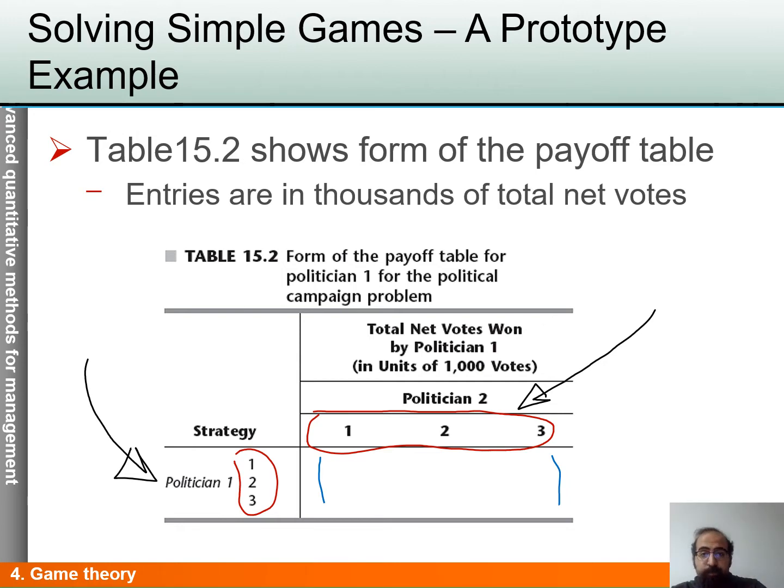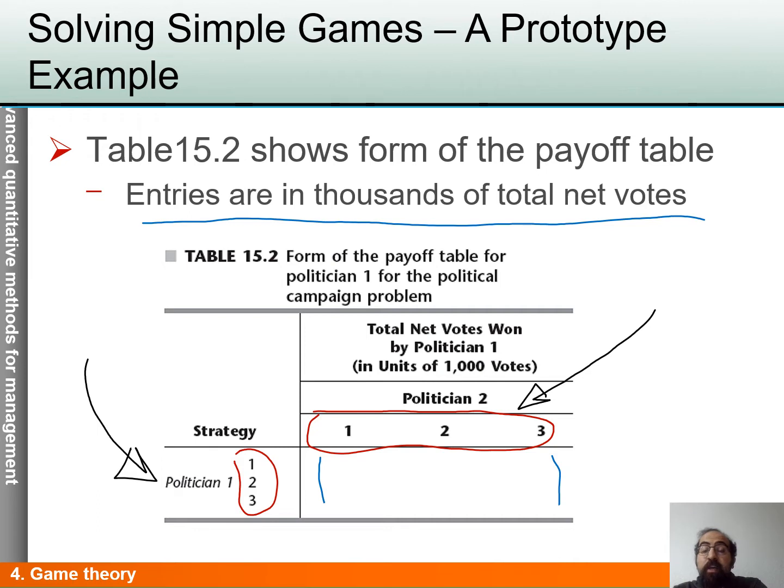In this example, the entries are in thousands of total net votes. What is the meaning? I will give you an example. Imagine, for example, in this part, the strategy 2 for politician 1 and the strategy 2 for politician 2 is 1 unit, for example. What is the meaning of that?